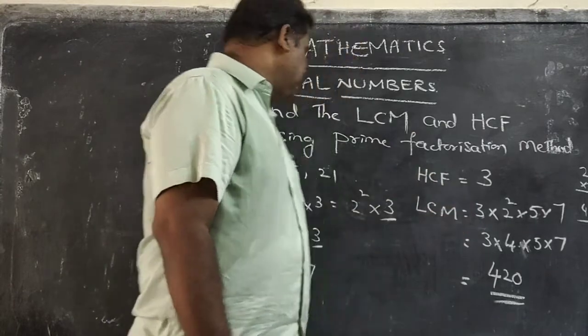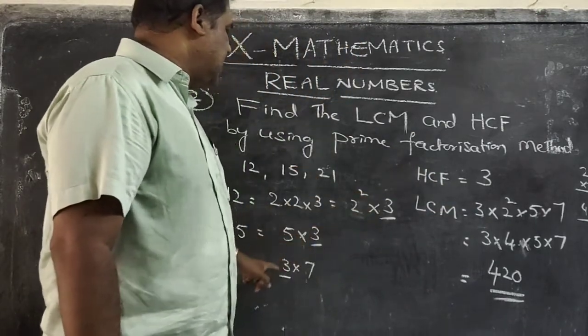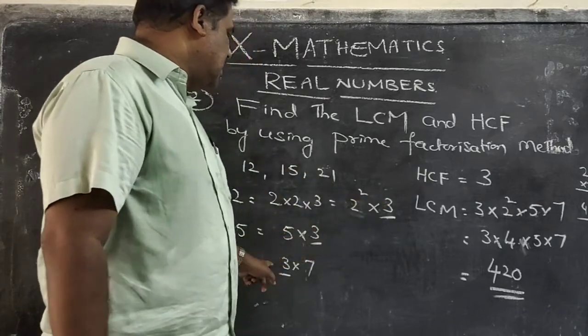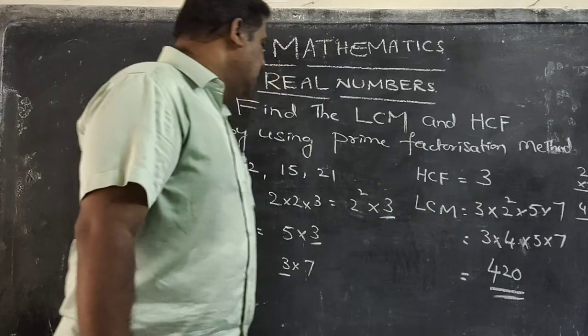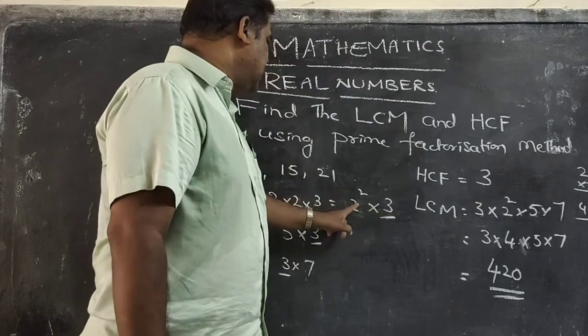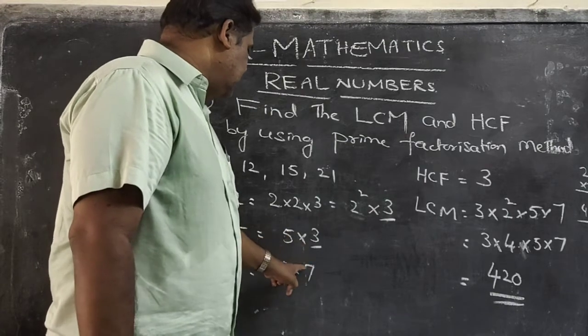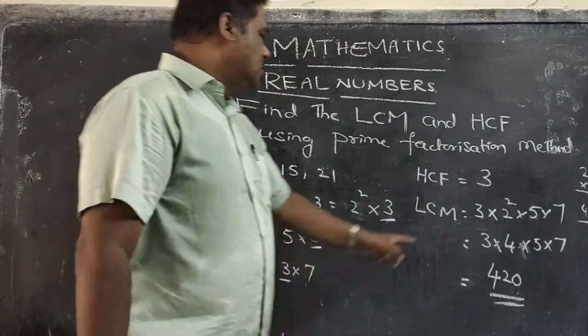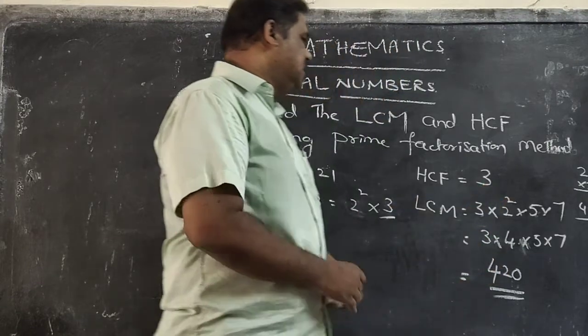So you take 3. Now LCM means we have to select the common factor with highest power. Here 3 is common and all are having same power. So 3 into remaining all factors we will take. Here remaining factor is 2 square, here 5, here 7. So the answer is 420. LCM is 420. HCF is 3.